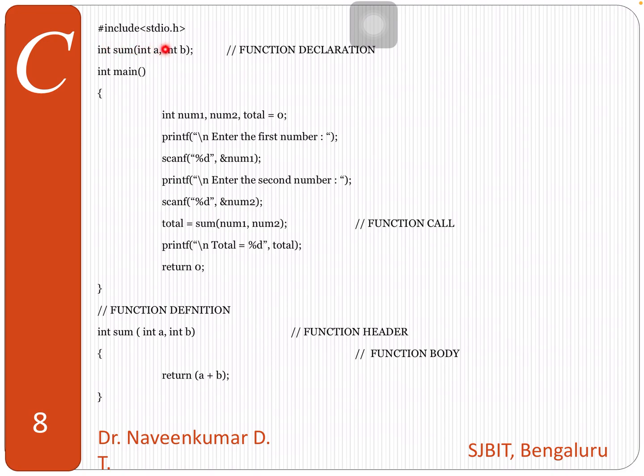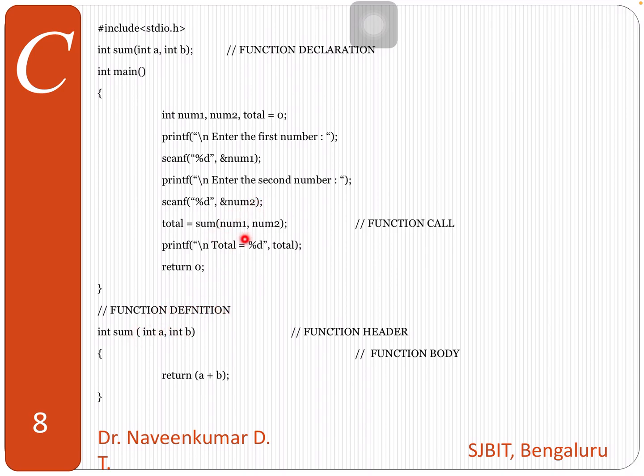Two variables are there here, and when I'm calling this function, the number and order of variables must match. Whatever value I give here, number 1 is assigned to A and number 2 is assigned to B. That is the same order in which the values are assigned here.